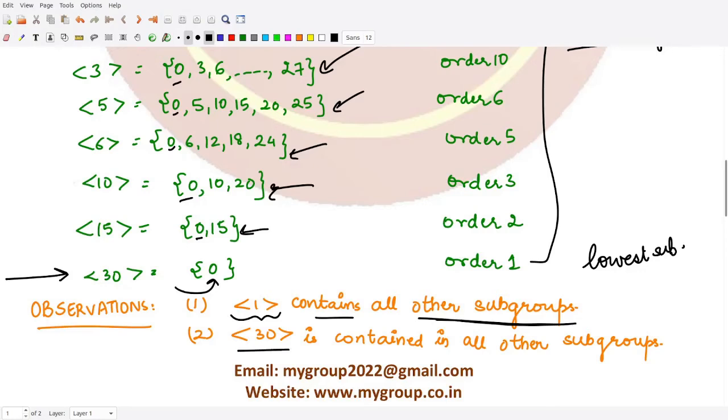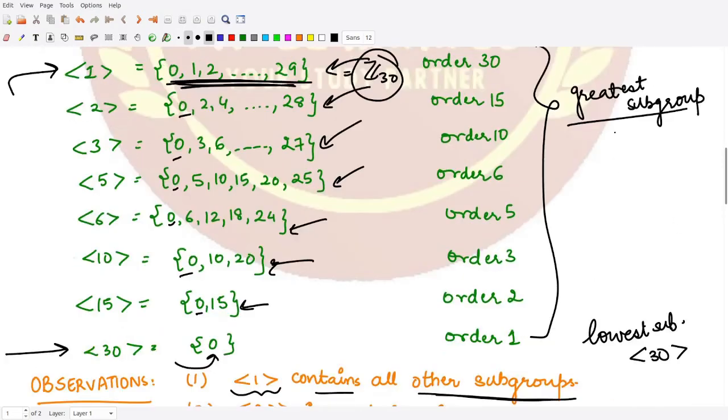So the subgroup generated by 30 is contained in all other subgroups. So you have the lowest element, which is the group generated by 30, and the topmost element, which is the group itself, Z30, right?